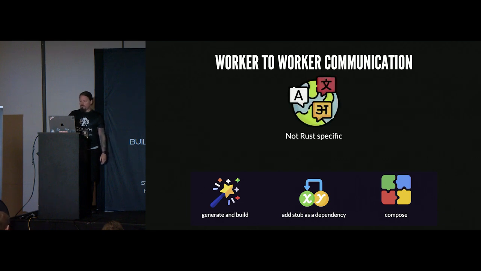But it's very important that this is not Rust specific. There are, of course, some Rust specific features like this cargo make thing and manipulating cargo files. But it works with any language, and it can even work like your one component that calls the other. They don't have to be implemented in the same language at all.